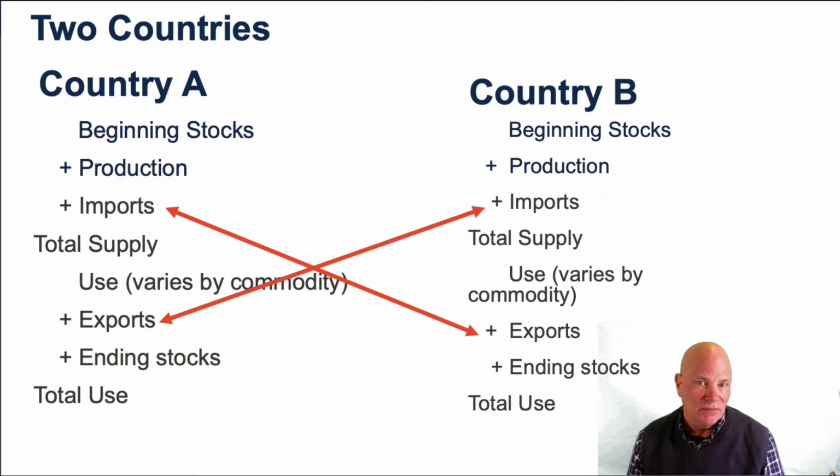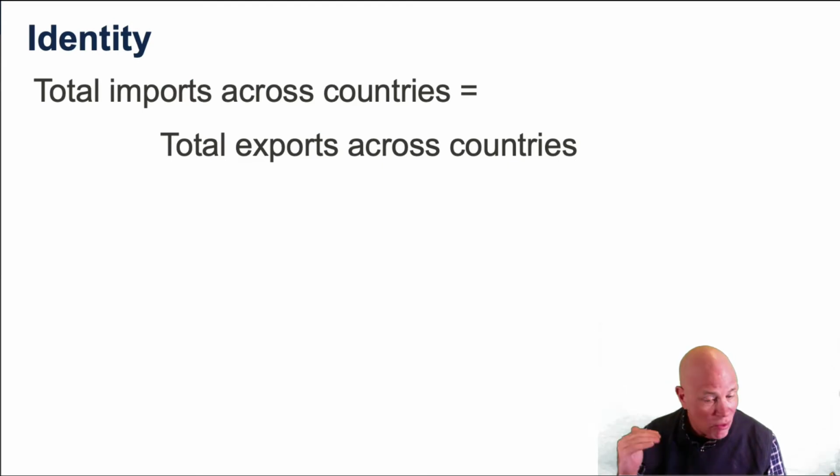Our exports from country A would be all the imports that go into country B. So there is an accounting identity here. We can't necessarily tell on one report what country it went to, but if we had just two, we would know.